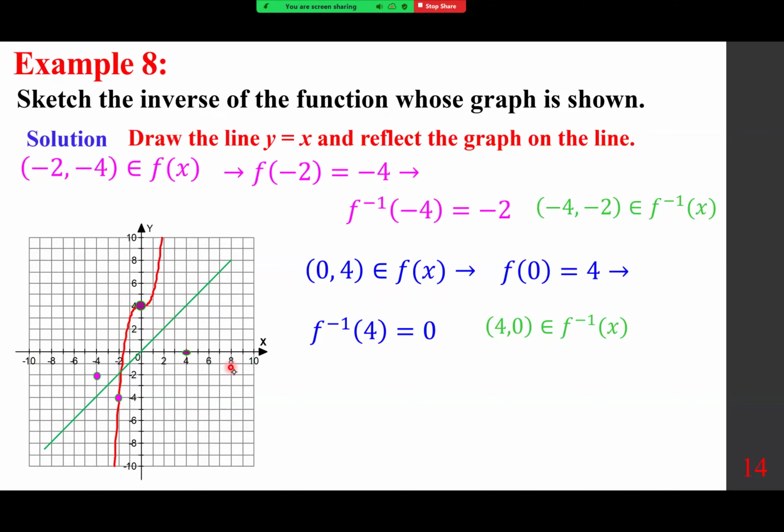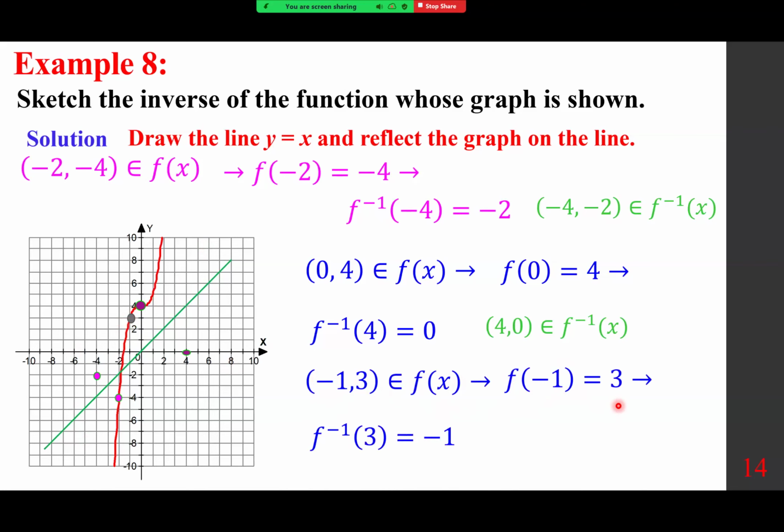Let's pick another easy point: (-1, 3). So in short, if we ignore all the writing, (-1, 3) belongs to the red function, and (3, -1) belongs to its inverse. So this means f of -1 is 3, so f inverse of 3 is -1. (3, -1) belongs to f inverse.